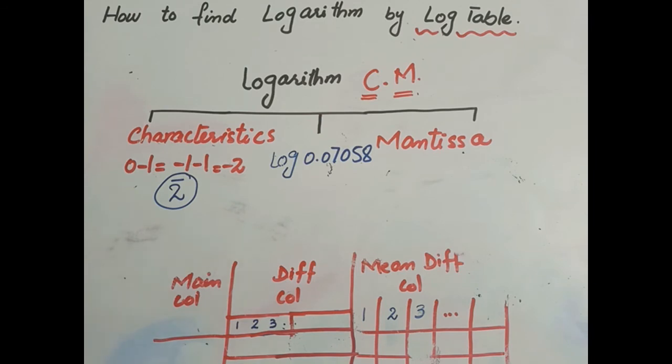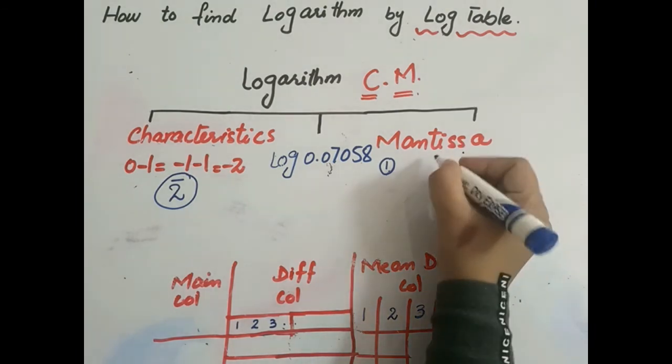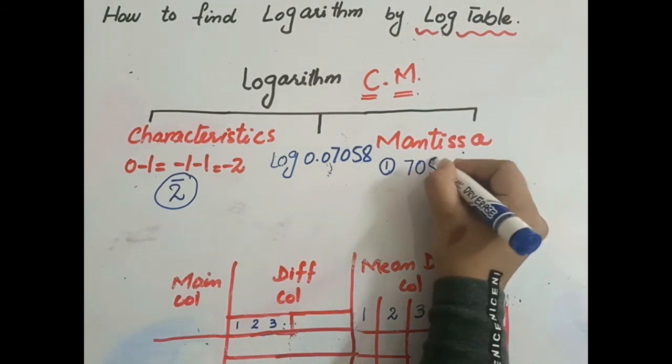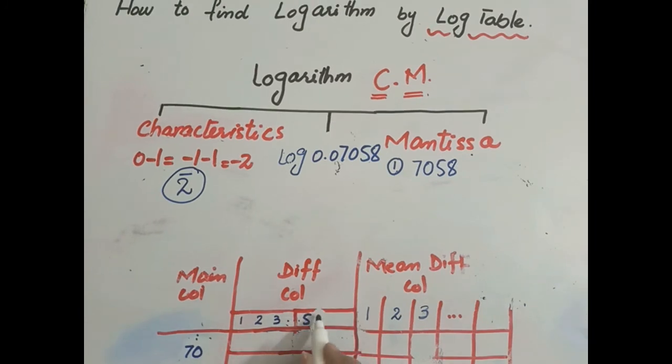For the mantissa we have to see the log table. The first step is to forget about the point. So here the digits are 7058. We have to see 70 in the 5th column and 8 in the mean difference column. 70 in the 5th column is 8482 and its mean difference is 5.